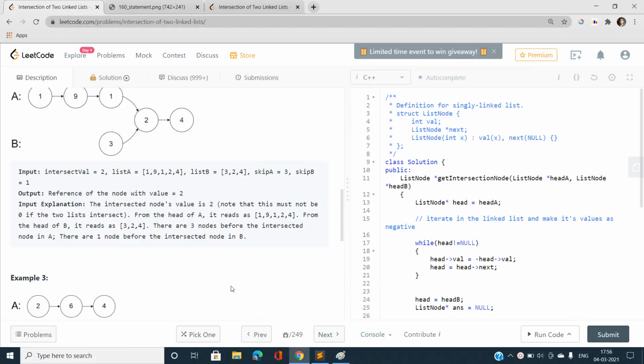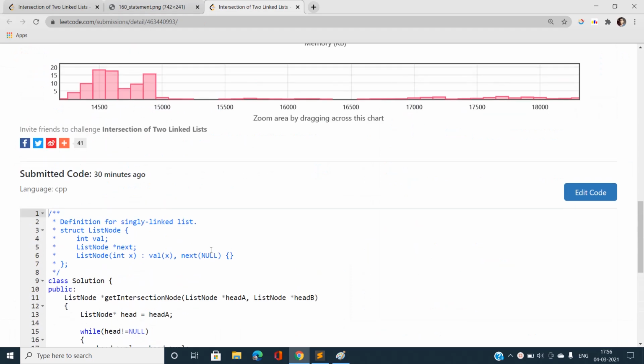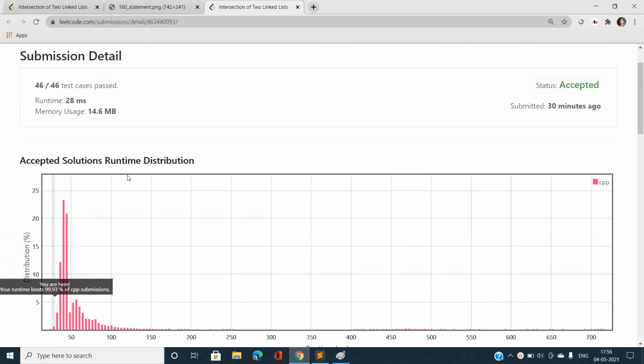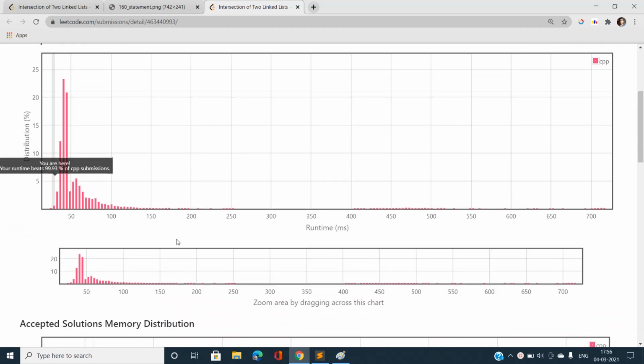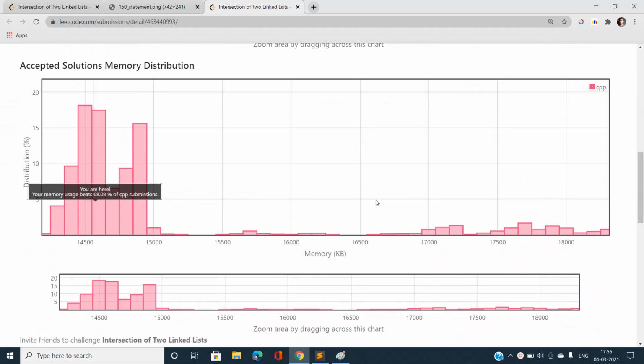So I've already run my code. You can see the runtime beats 99.93 percent of C++ submissions. Now let's move further to the code.